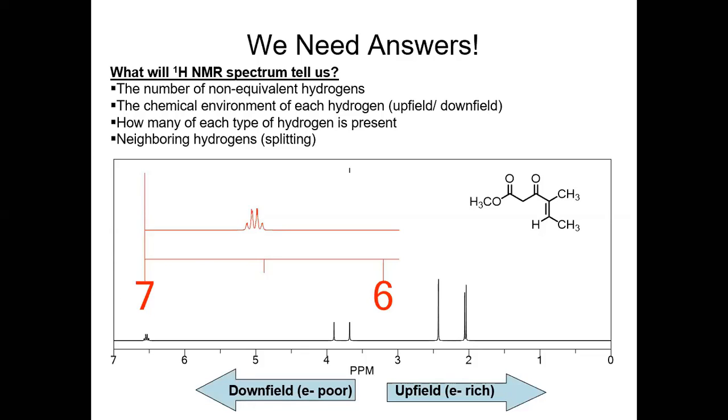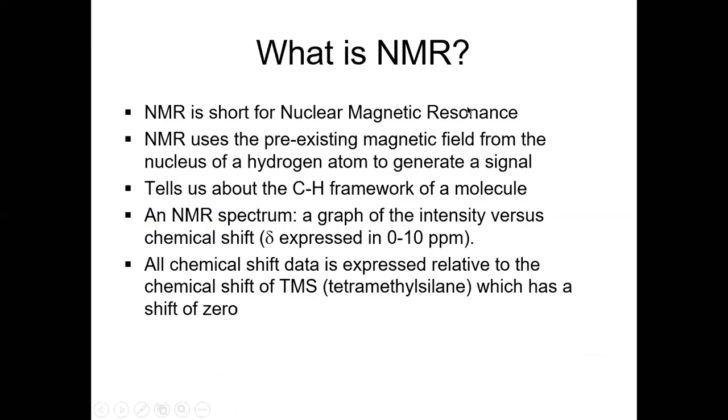All right. So let's look at some more information about NMR, right? NMR is short for nuclear magnetic resonance. It deals with the nucleus of an atom, and every nucleus has its own magnetic field. So there's a pre-existing magnetic field, and then the NMR instrument itself is just a giant superconducting magnet, right?